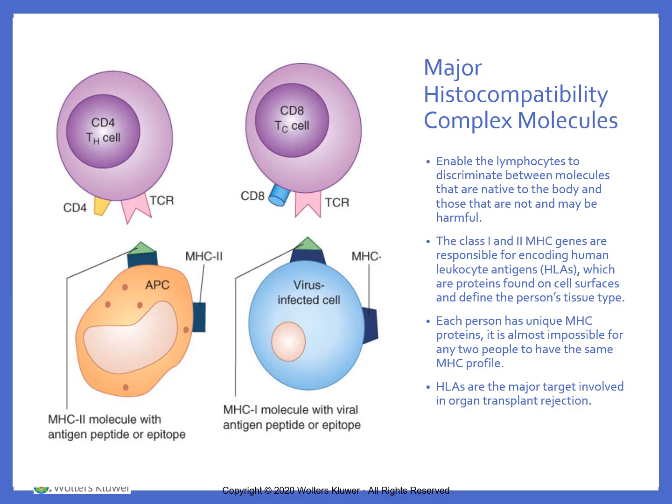And so small peptides from that phagocytized antigen are then displayed on the surface of that cell by our MHC2 molecules. And that allows our CD4 helper cells to bind to that cell. And then the CD4 helper cells go ahead and activate things like B lymphocytes, which can release antibodies in response.